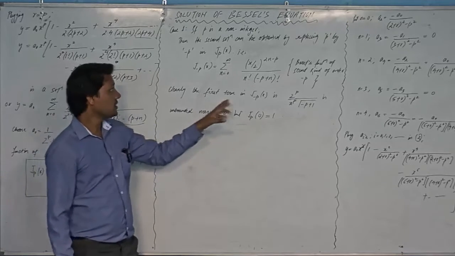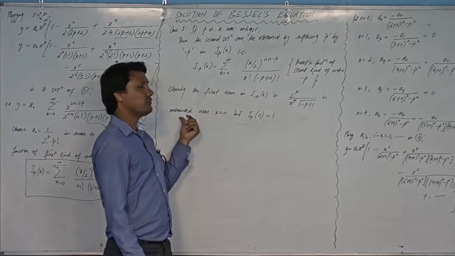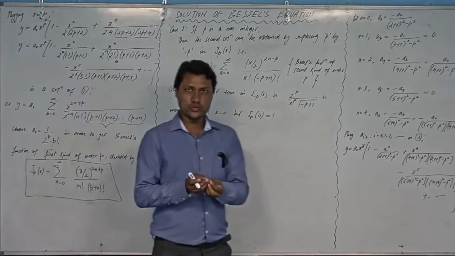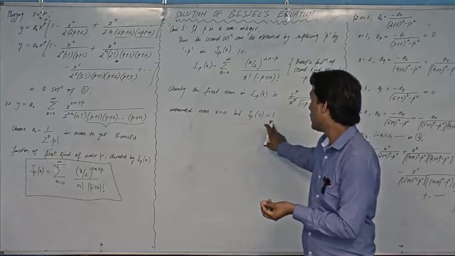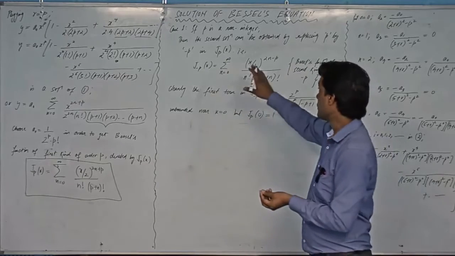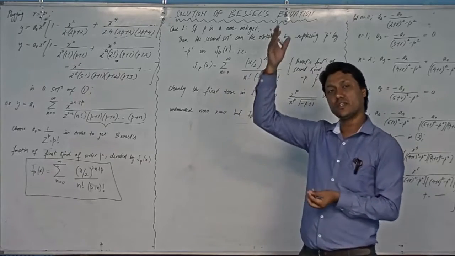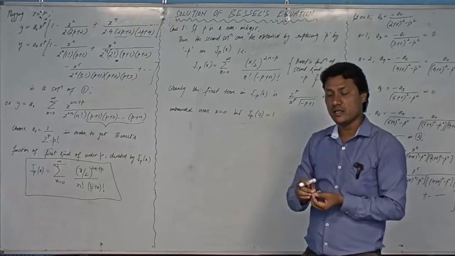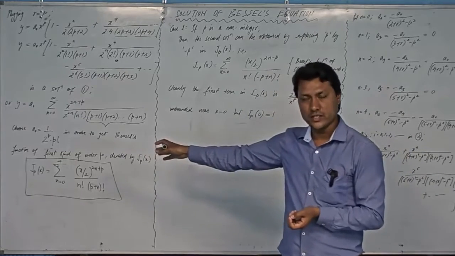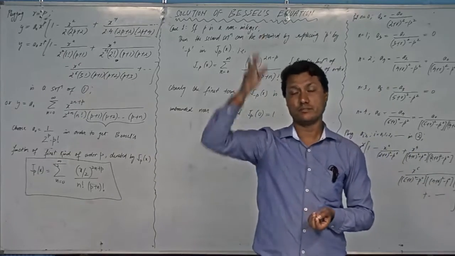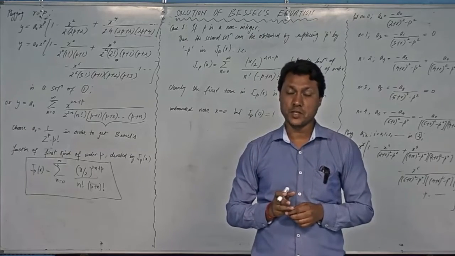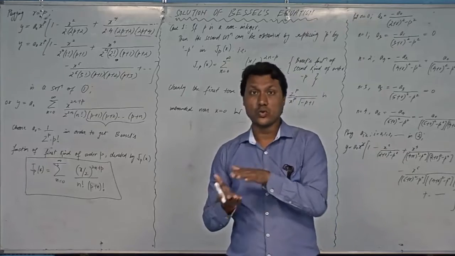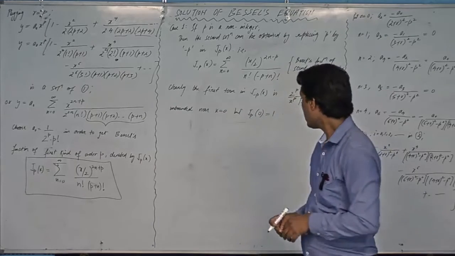But J minus p 0 is how much? Infinity. It means that at x equal to 0, the first solution J p x was achieving the value 1, but the second solution is going to infinity, right? So at the same point, one solution is at 1, and the second solution is towards infinity. It means that obviously they are independent solutions, right? Because dependent solutions just overlap each other, right?